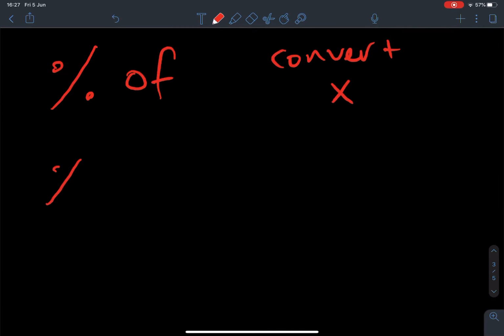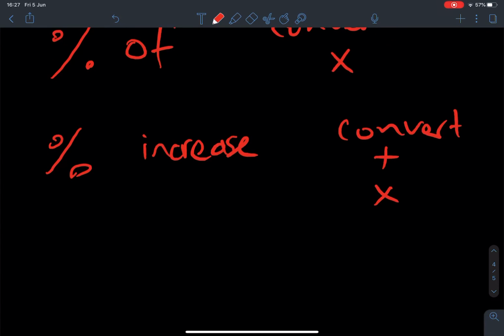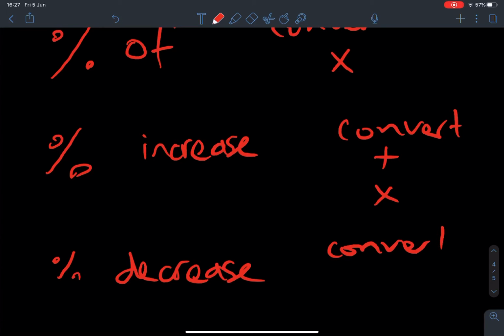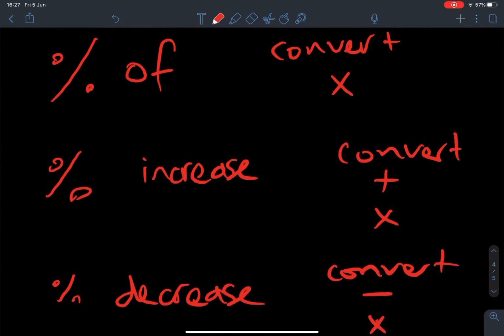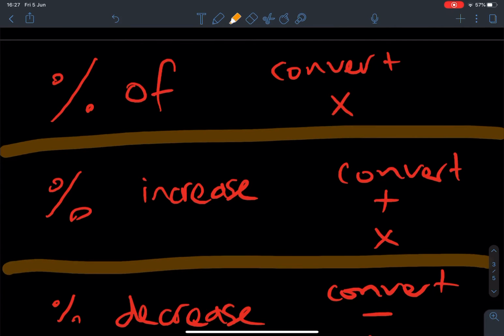For a percentage increase, I convert, I add to 100, and then I multiply. And for a percentage decrease, I convert, I take away from 100, and then I multiply.